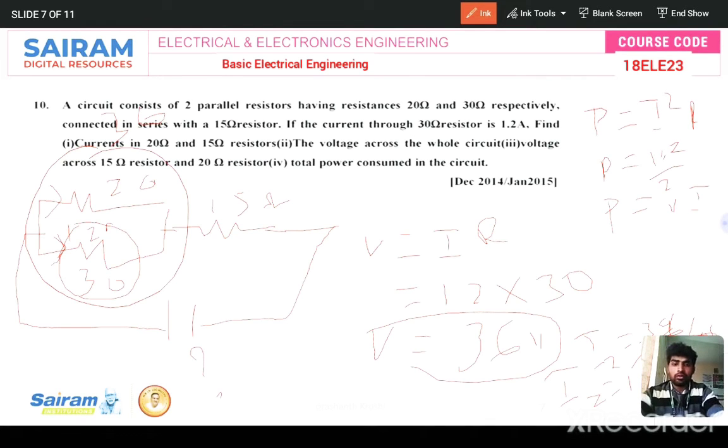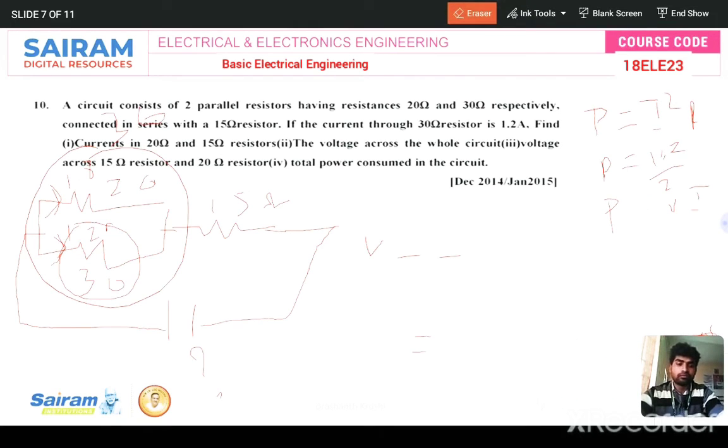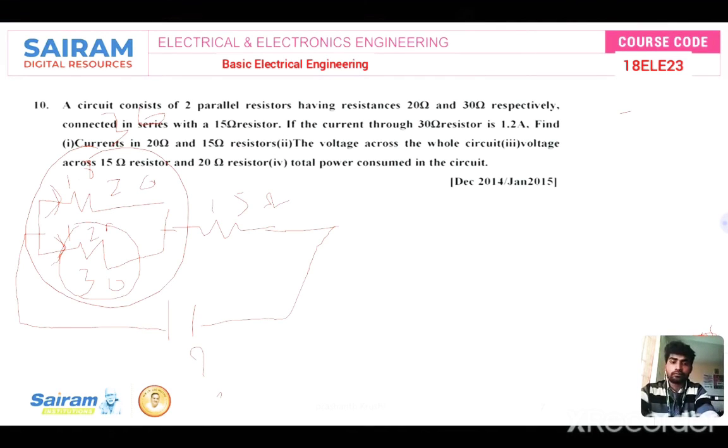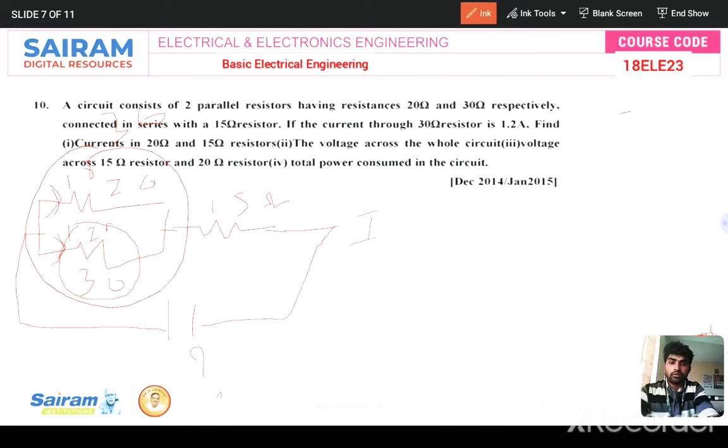So this is over. Now we need to calculate the first one, voltage across the whole circuit. Suppose we got one current as 1.8 and the other as 1.2. How do you calculate total current? Total current I is equal to I1 plus I2.